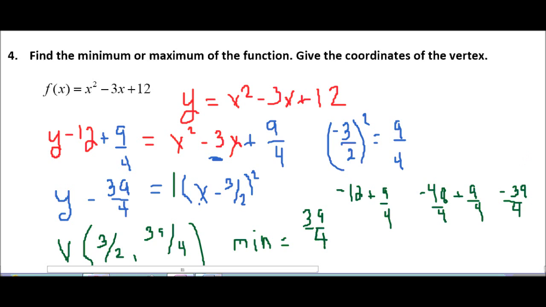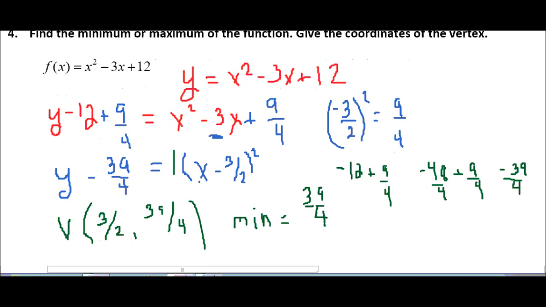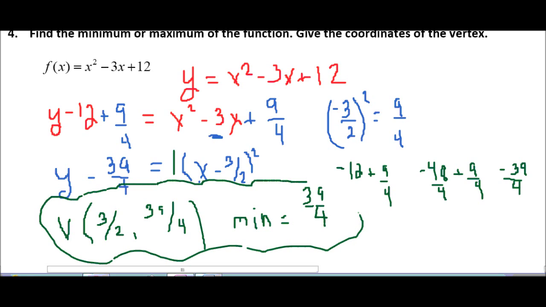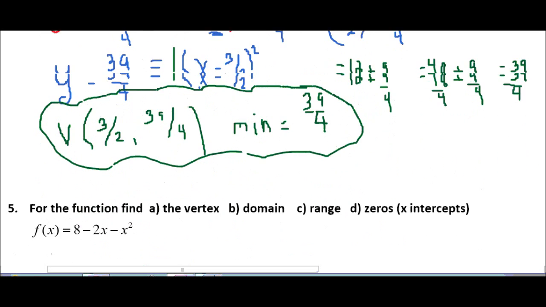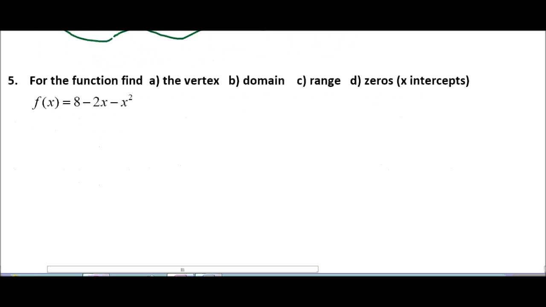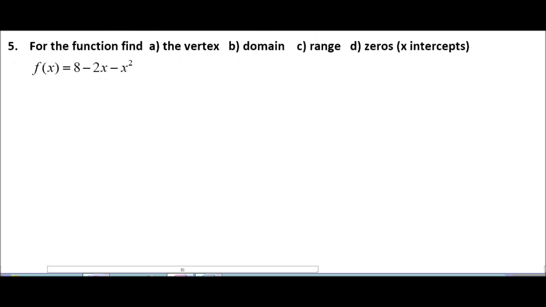Okay, so they asked us to find the minimum or maximum and give the coordinates of the vertex. So there you go. The vertex is 3 halves, negative 39/4, and the minimum value is the y coordinate, which is 39/4.